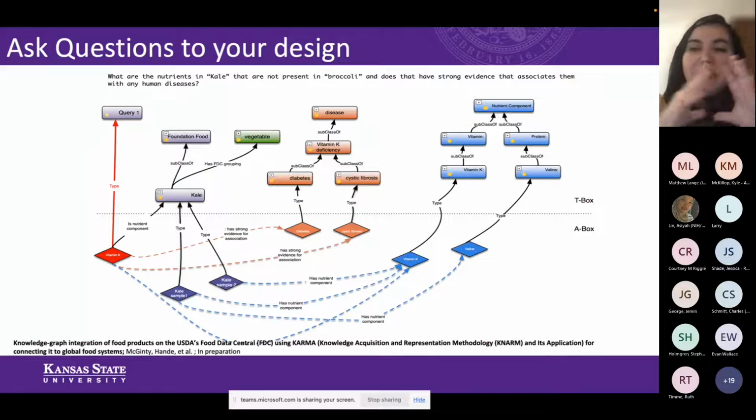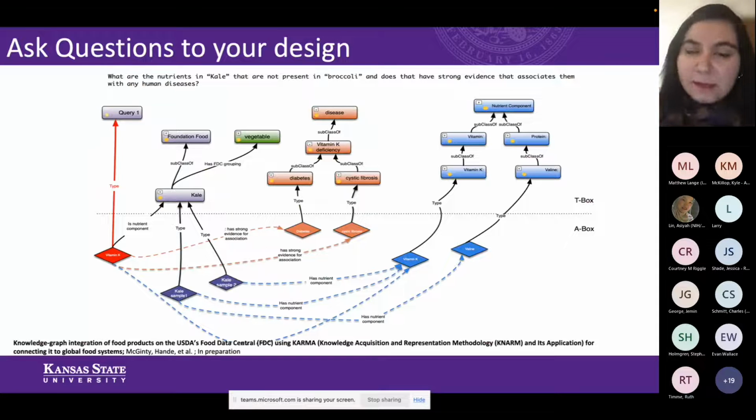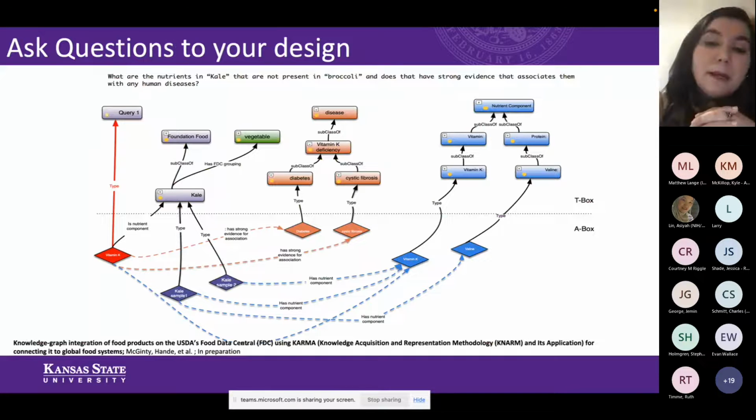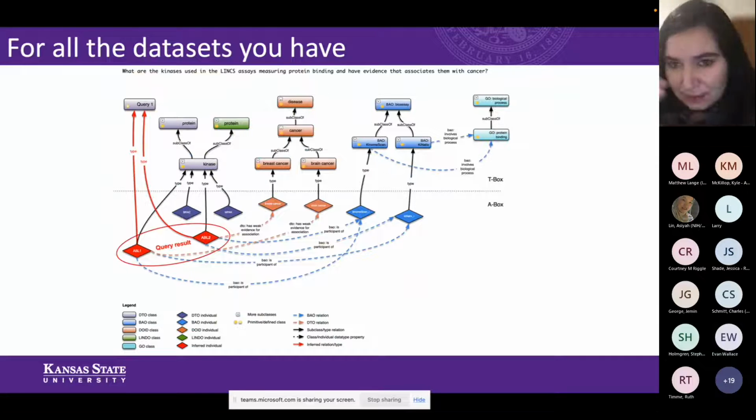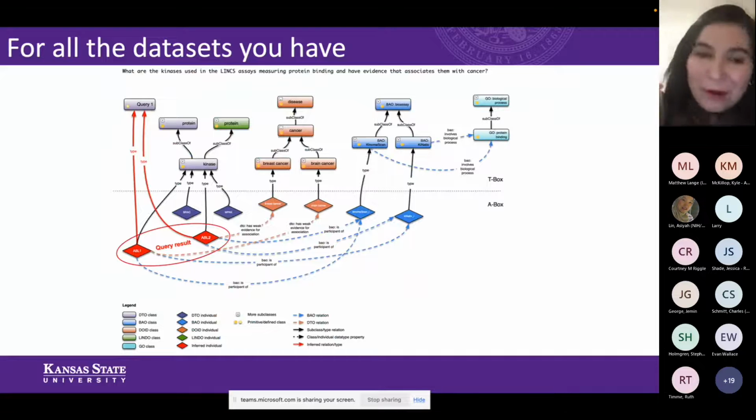And one of the great things about knowledge graphs or ontologies is that they can connect seemingly disconnected datasets, such as diseases and food and nutrient components, which are basically chemicals. So this process is, of course, based on the data that you're using, and you need to make sure that you're answering questions for all the different types of data that you're using and trying to connect.